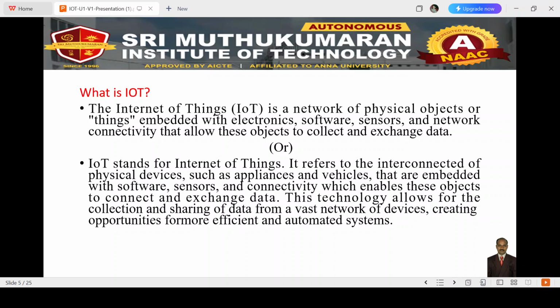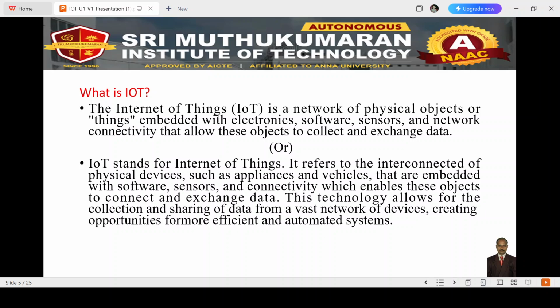Okay. Unit 1 is basically: what is IoT? IoT stands for Internet of Things. It's a network of physical objects, or things, embedded with electronics, software or sensors and network connectivity that allow these objects to collect and exchange data.